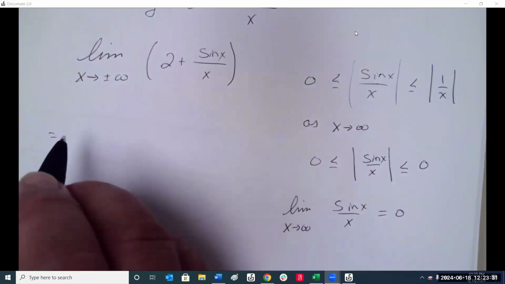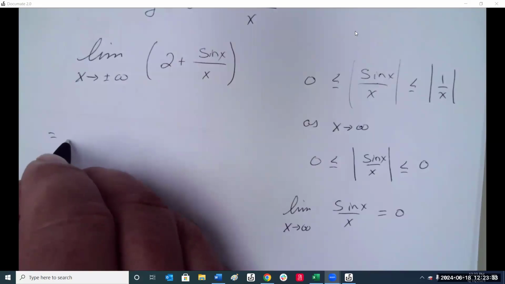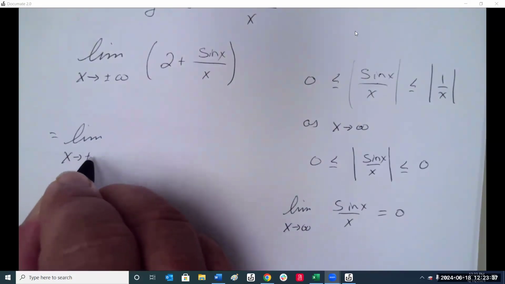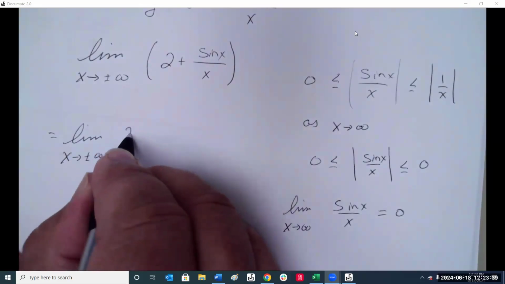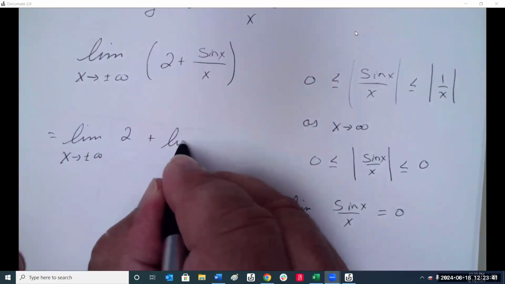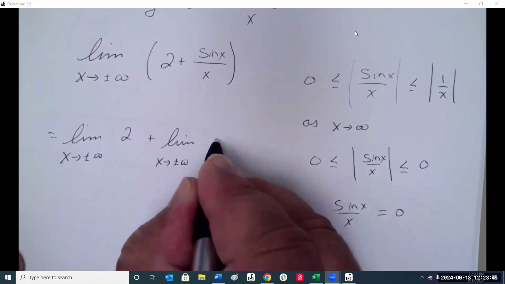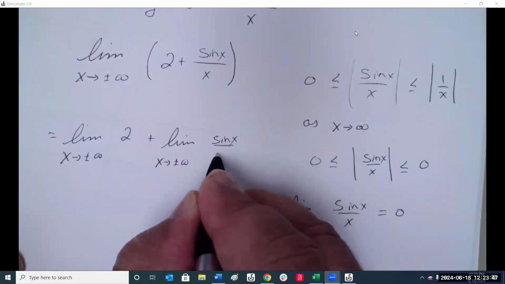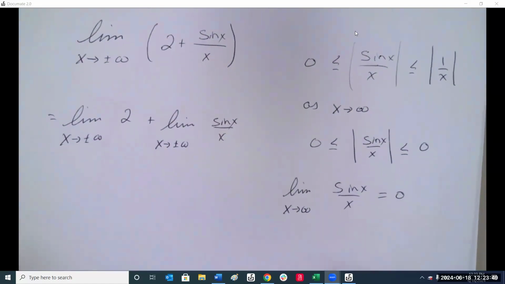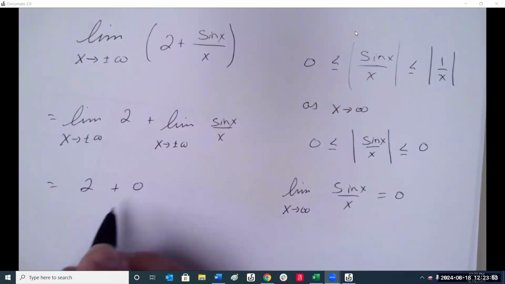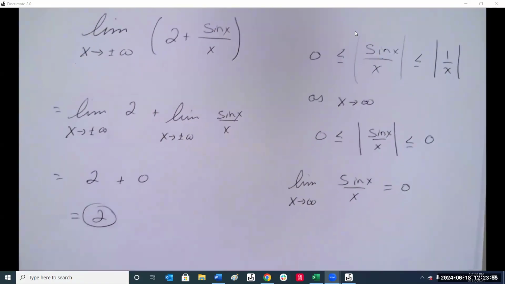So this example, the limit as x approaches plus or minus infinity of 2 plus the limit as x approaches plus or minus infinity of sine x over x. That's 2. That's 0. Answer is 2.